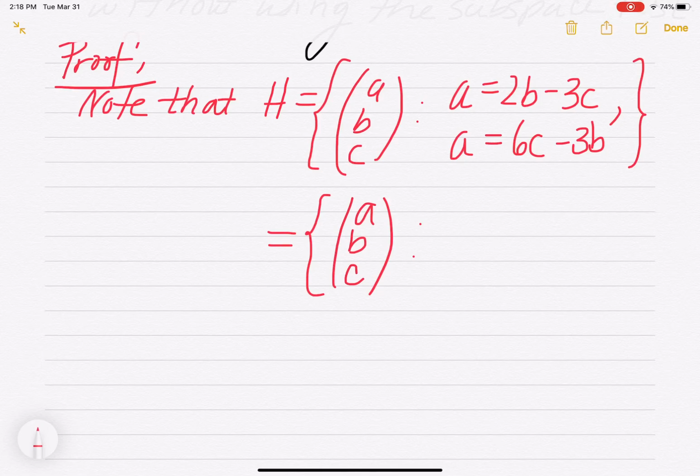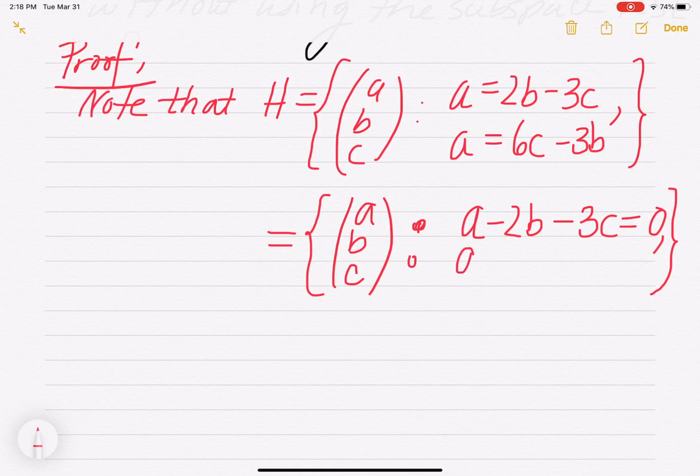Subtracting 2b and adding 3c on both sides of the first equation, we get a - 2b - 3c = 0. For the second equation, getting everything on the left side in alphabetical order, we have a + 3b - 6c = 0.